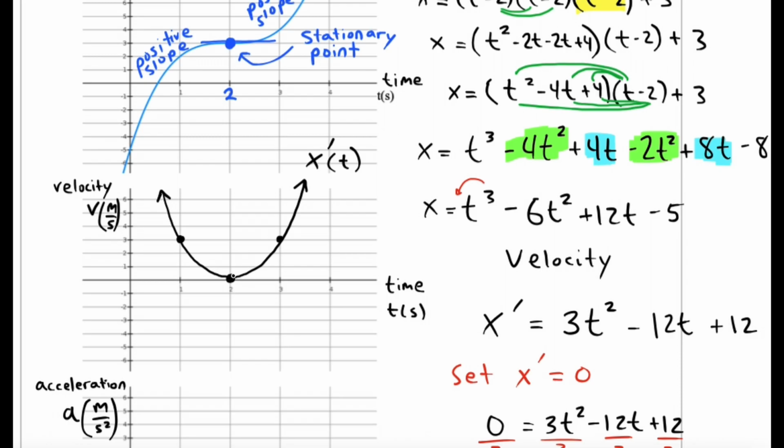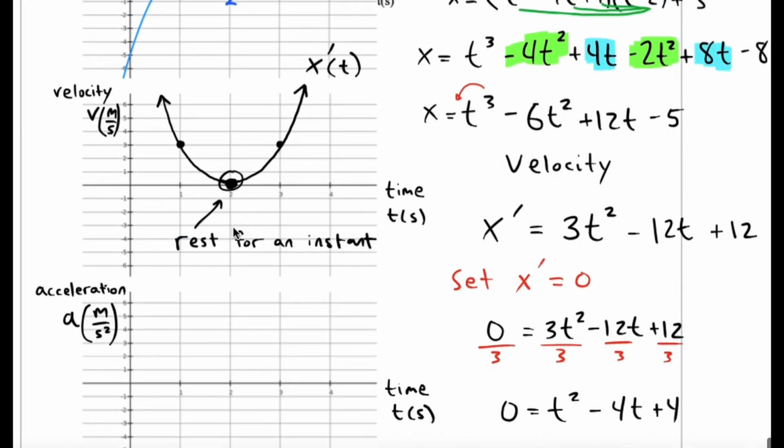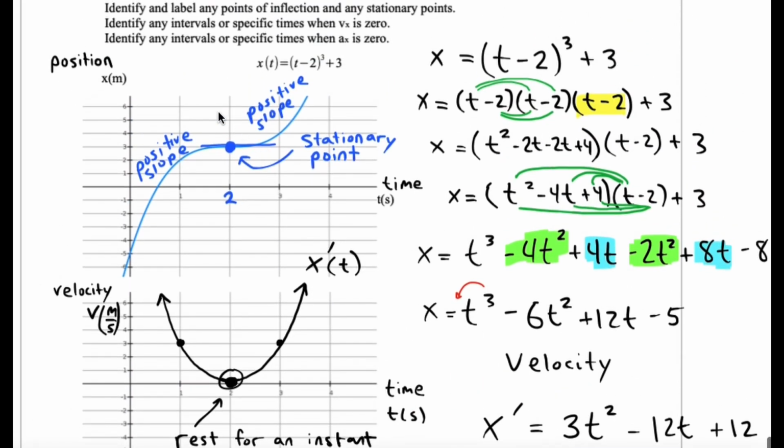Okay, so where x prime touches the horizontal there, that's a special time for the motion of this graph. What it indicates is the object comes to rest for an instant, and then after that it continues moving. So that's the first derivative test.